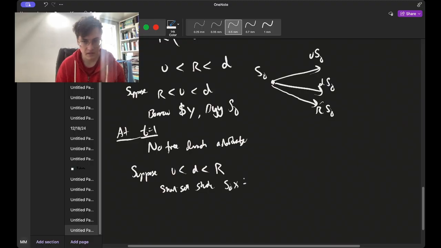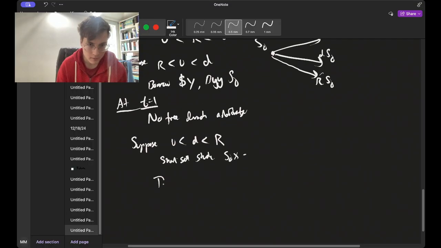Because the cash account is more powerful than just buying the stock, later at the time, since the cash account has grown more than the stock has possibly grown, you get free money, right? Therefore, it is known that R has to be between these two values.